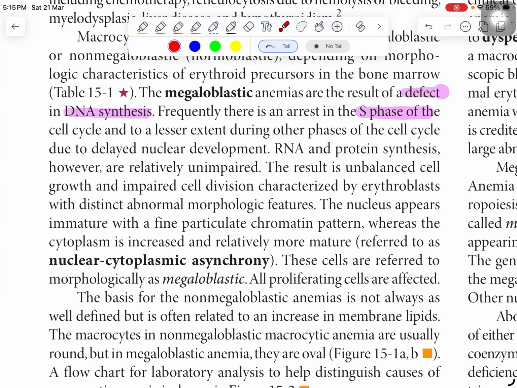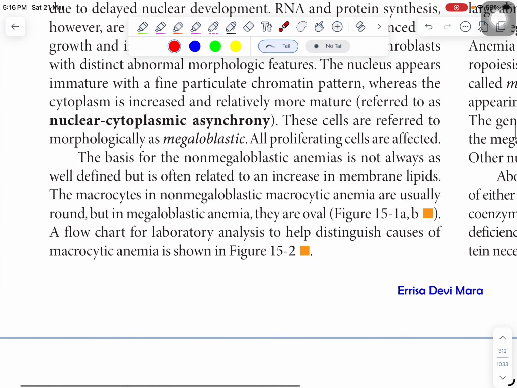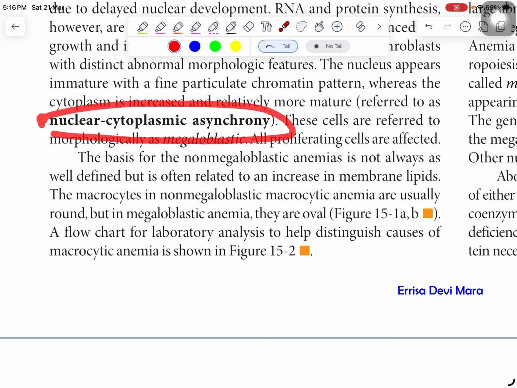The nucleus appears immature with a fine particulate chromatin pattern, whereas the cytoplasm is increased and relatively more mature, referred to as nuclear cytoplasmic asynchrony. These cells are referred to morphologically as megaloblastic. All proliferating cells are affected.